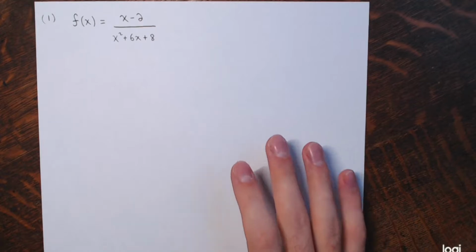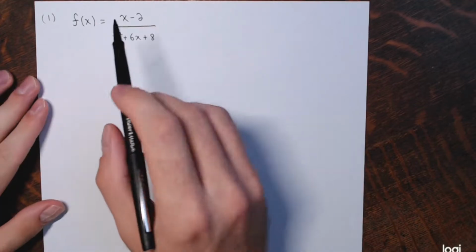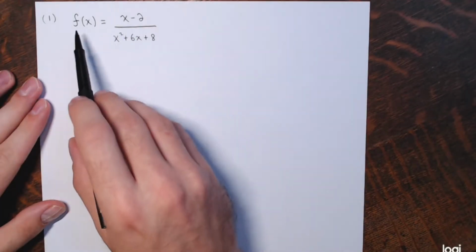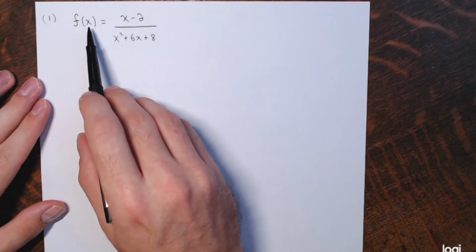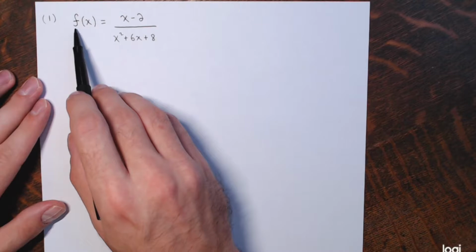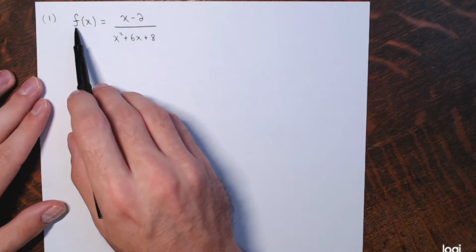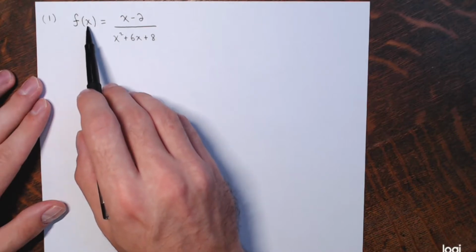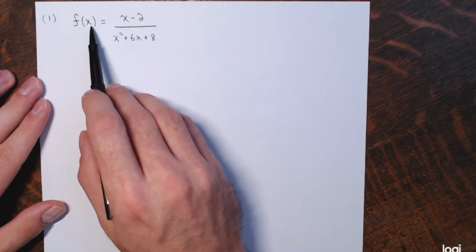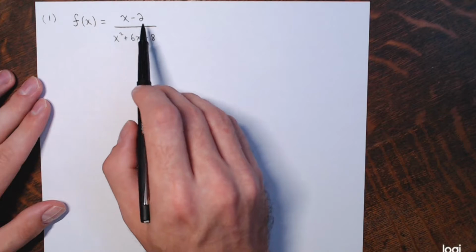Remember, a rational function is y equals or f of x. They've got function notation here, and I'm hoping you recall what this means. F is the name of the function, and x is the input variable, and f of x equals the output.